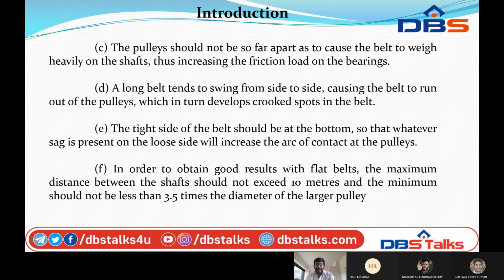A long belt tends to swing from side to side, causing the belt to run off the pulleys, which in turn develops crooked spots in the belt. The tight side of the belt should be at the bottom so that whenever sag is present on the loose side, it will increase the arc of contact at the pulleys.